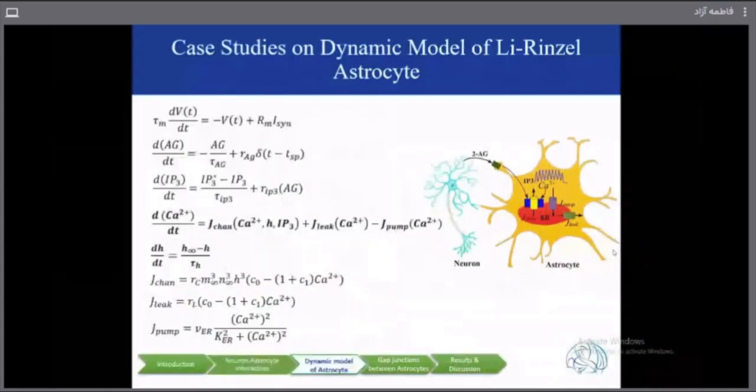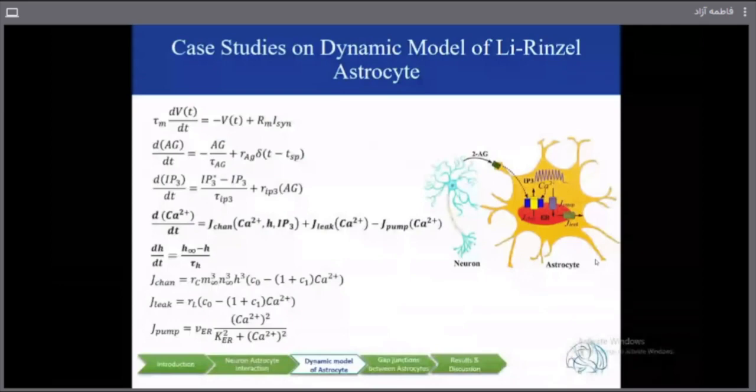Here are the equations that show the dynamic model of astrocytes. When a neuron spikes, we have this equation for the neuron. In fact, the IF neuron is one of the most common neuron models used in computational neuroscience, whose equation is as follows.